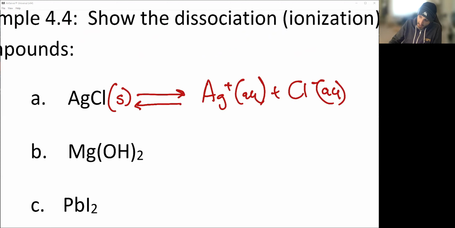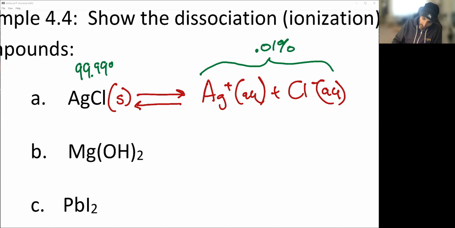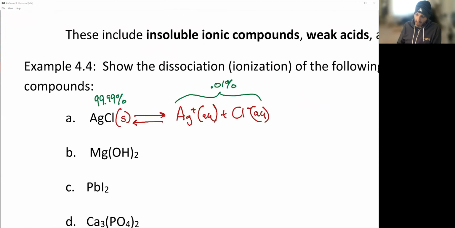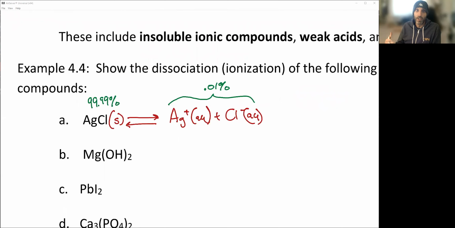Ultimately, about 0.01% of it is in the ion form, and the rest, 99.99%, is in the solid form. So with something insoluble, almost all of it is non-dissociated. The dissociation does happen, but at a very, very small rate.